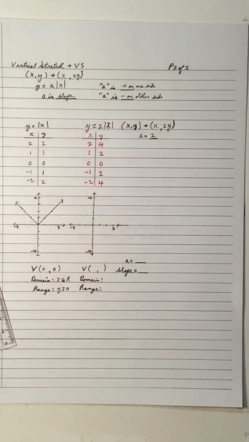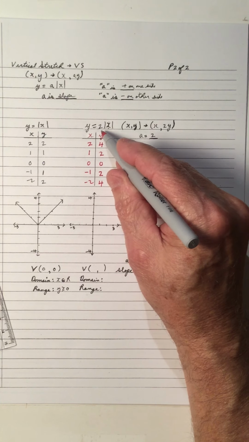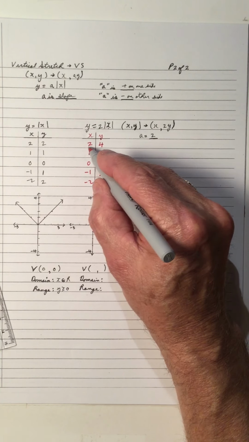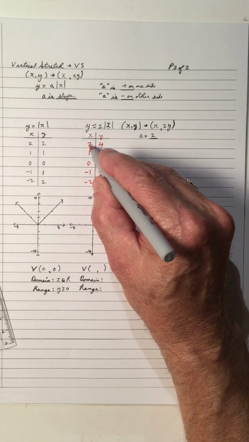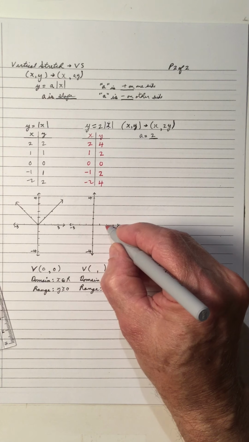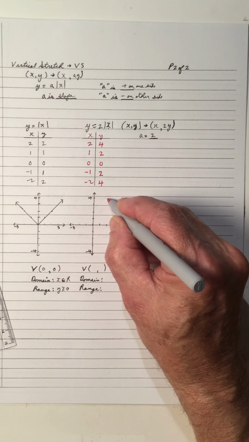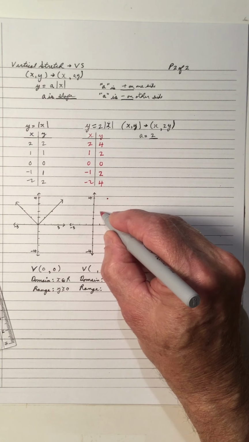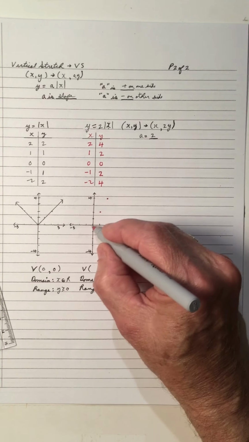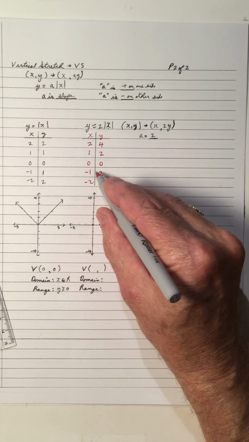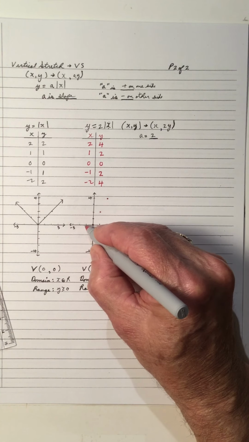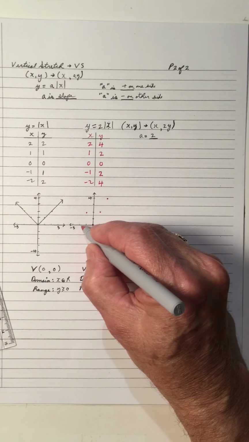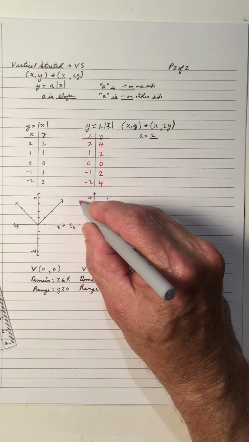But when A is 2, then we have to graph these. X is 2, y is 4, so that's approximately right there. X is 1, y is 2. X is 0, y is 0, right here. X is negative 1, y is 2, and x is negative 2, y is 4.